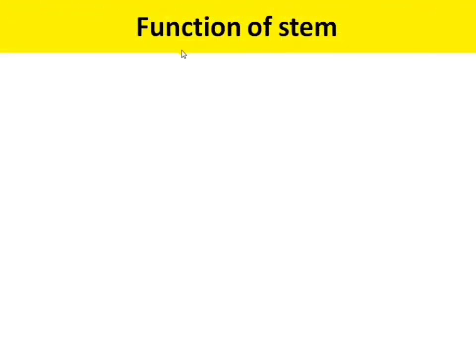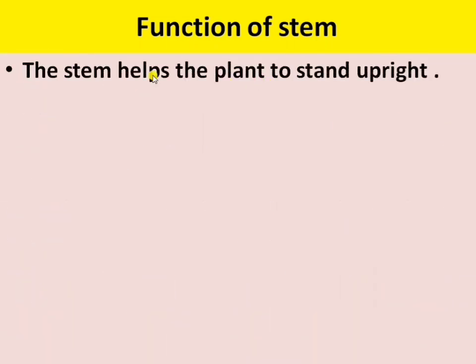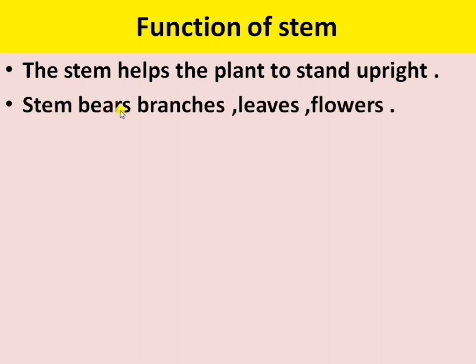Moving on, the next topic is the function of the stem. What is the function of the stem? The stem helps the plant to stand in an upright position. The stem bears branches, leaves and flowers. We have already seen this in the parts of the stem.